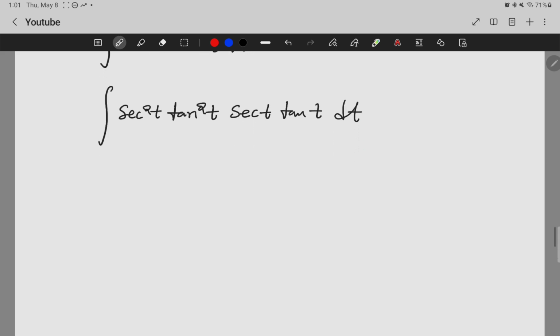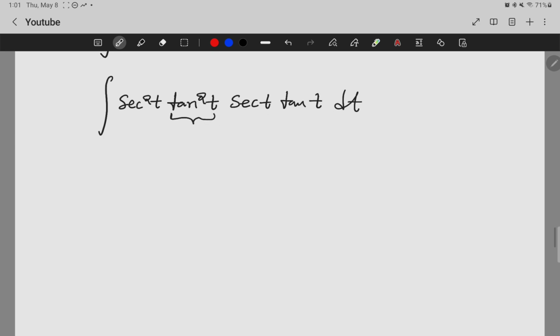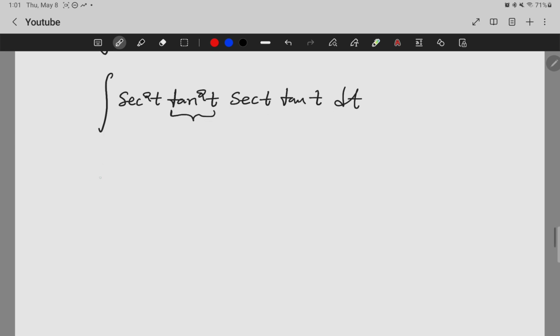Once we've done that, since what we want to differentiate is sec t, we change this tan so that it becomes a sec. Here we know that tan squared theta is going to be sec squared theta minus 1.